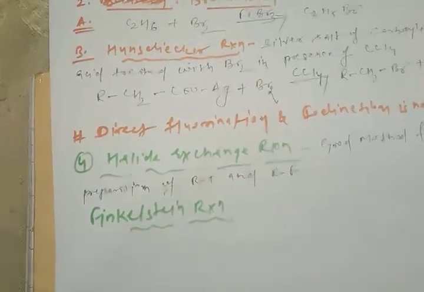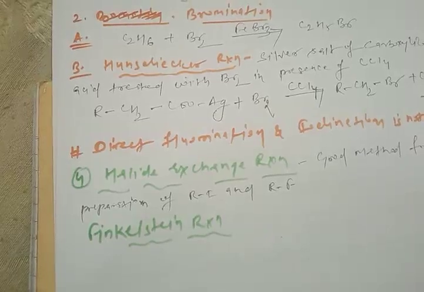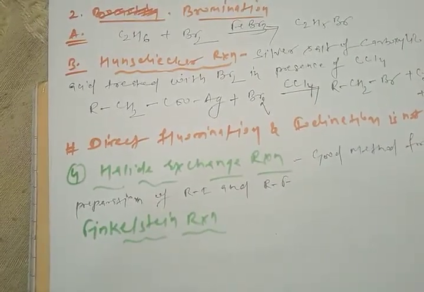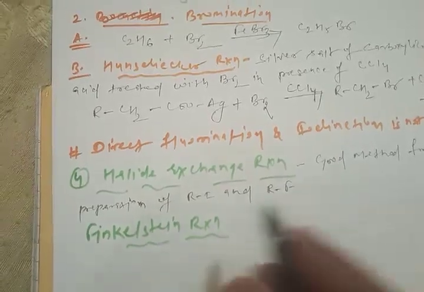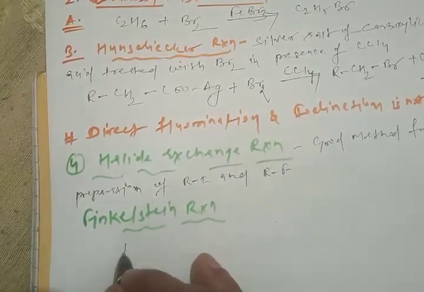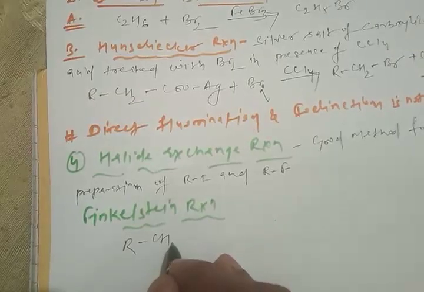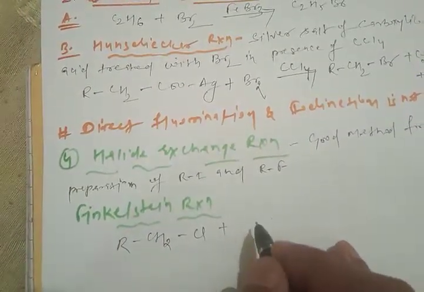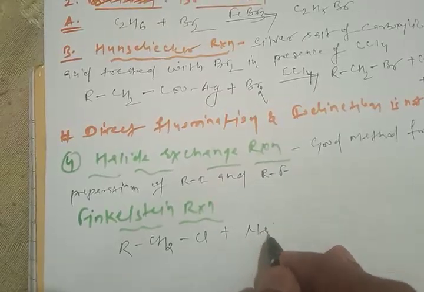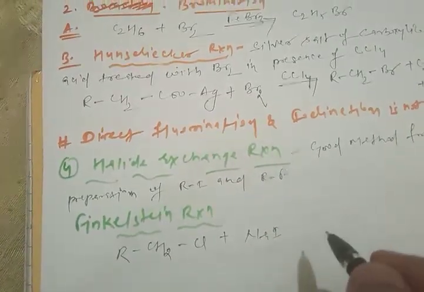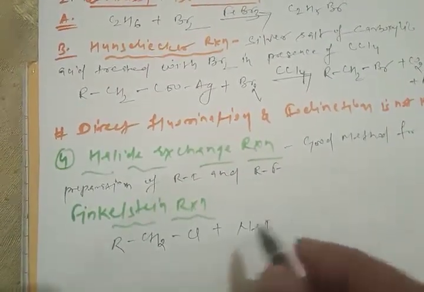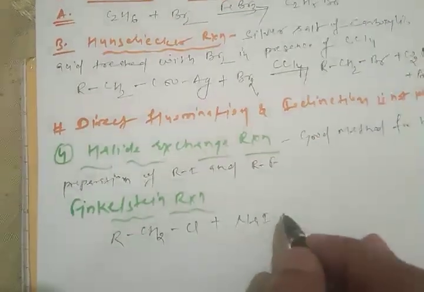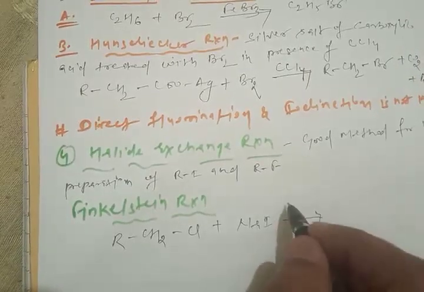Now, as I told you, this is a halide exchange reaction. If we have a halide like RCH2Cl, and we need to synthesize RI, we take the salt sodium iodide in presence of acetone.